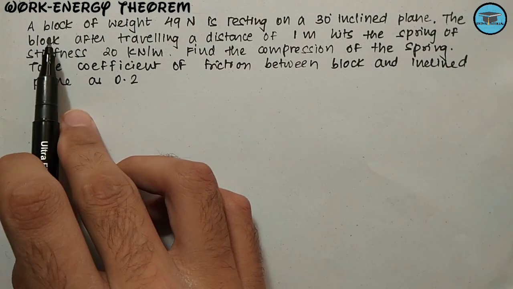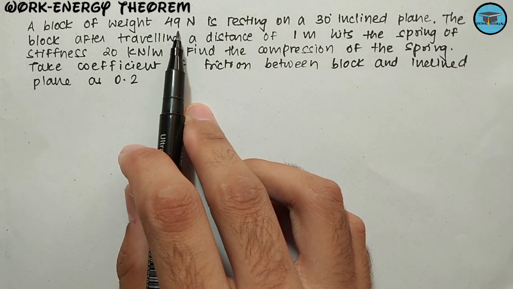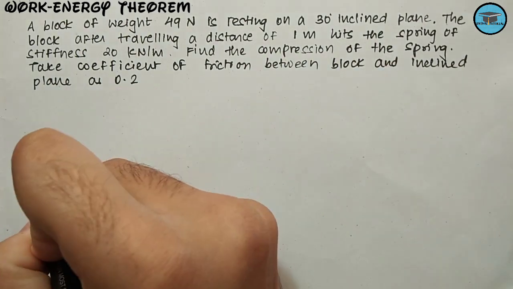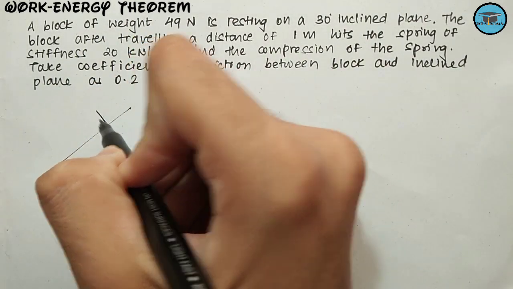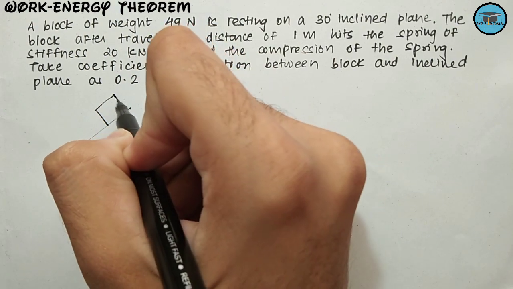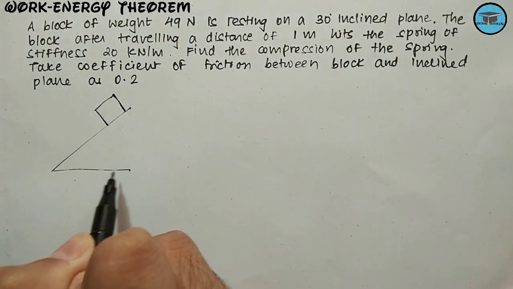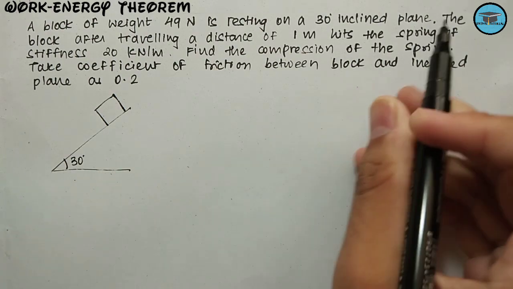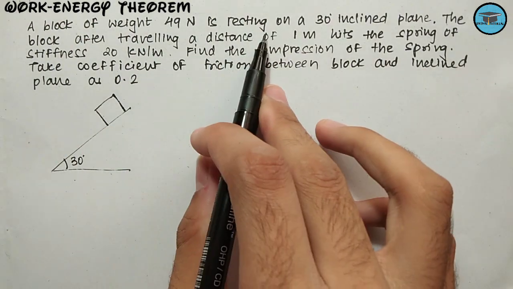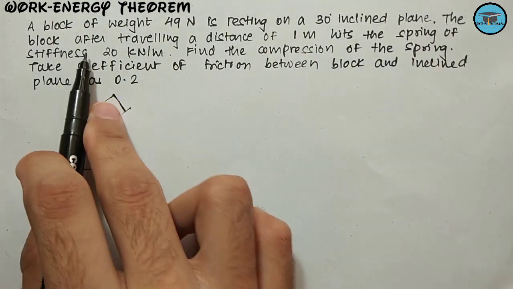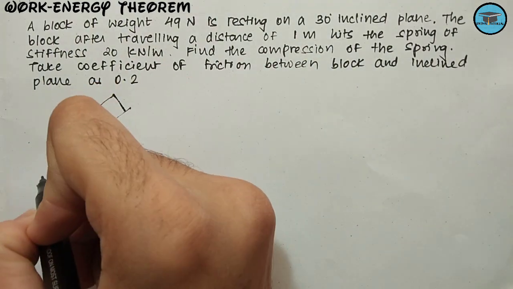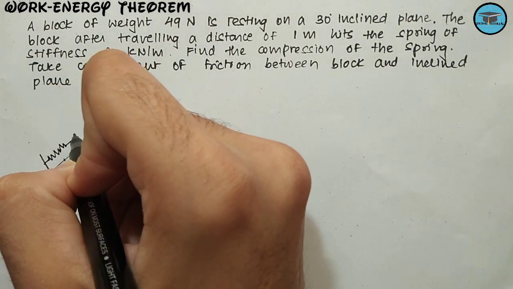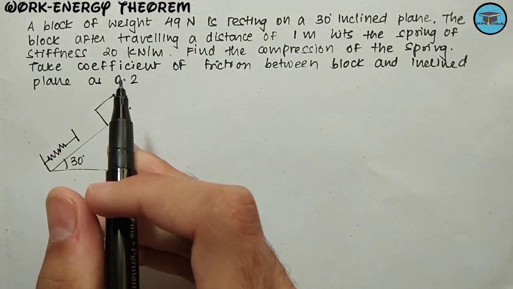So the problem consists of a block having a weight of 49 Newton, resting on a 30-degree inclined plane. So this is the block having the weight of 49 Newton, which is placed on an inclined plane, and the block, after traveling a distance of 1 meter, hits a spring of stiffness 20 kilonewton per meter.